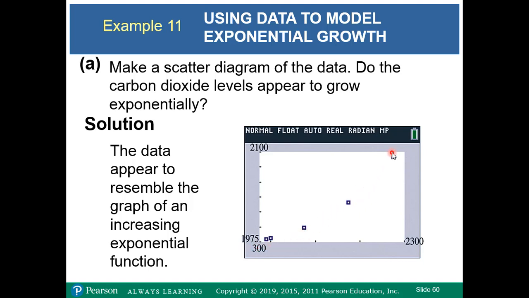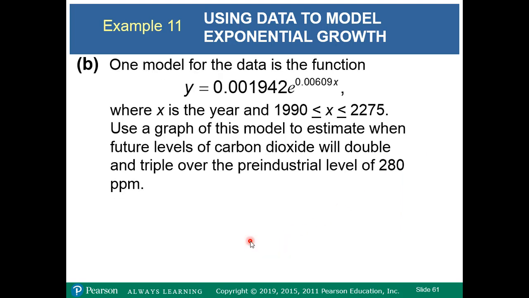And then once we see the scatter plot, we can use our calculator to fit the best exponential graph. When you use the exponential regression on your calculator, it's under stat, calc, I'm sorry.